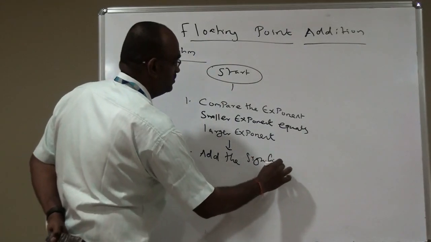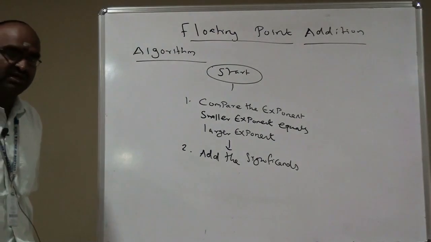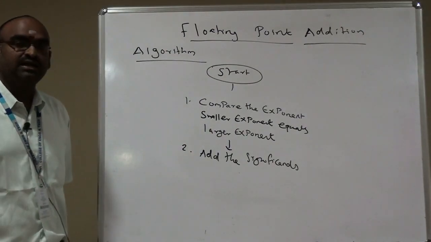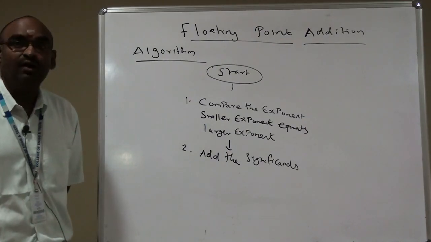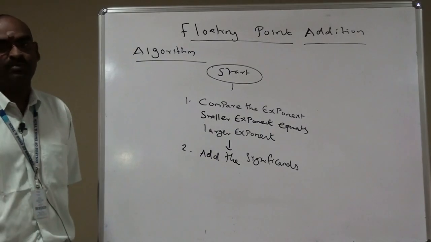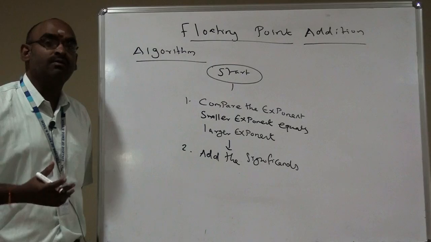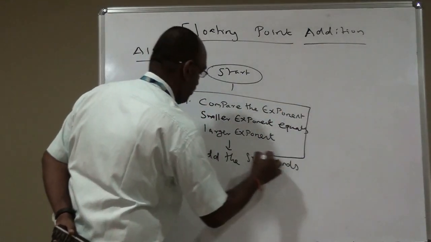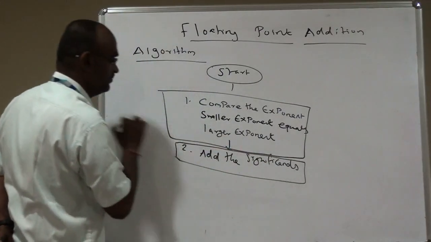The significand is what we represent in the 32-bit single word representation as the fraction or mantissa, which means the real part of your floating point number. We have to add only the significands of the two numbers, right? We are not adding the whole numbers, only the significand values. That is the second step of the algorithm: add the significands.